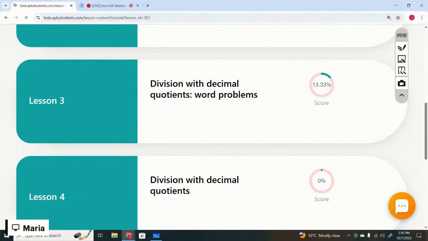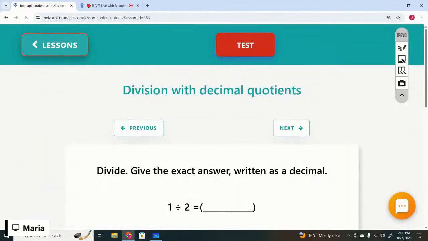Division with decimal quotients. One divided by two.